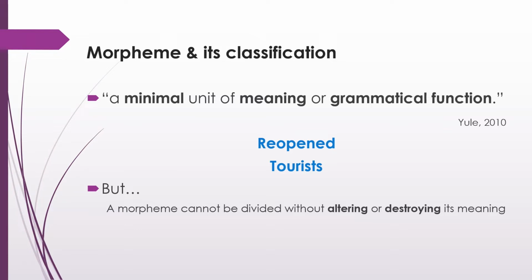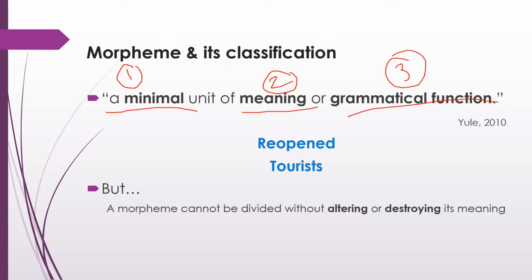Condition number one, it should be a minimal unit, and condition number two, it should either represent meaning or show a grammatical function.